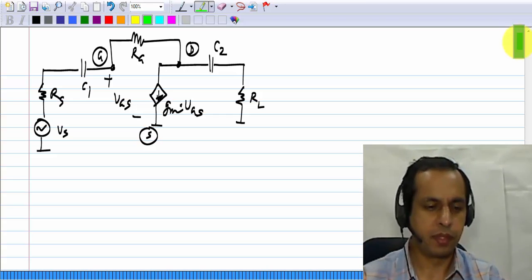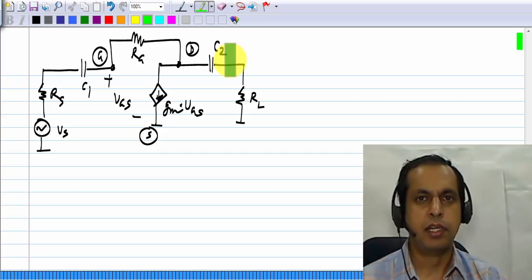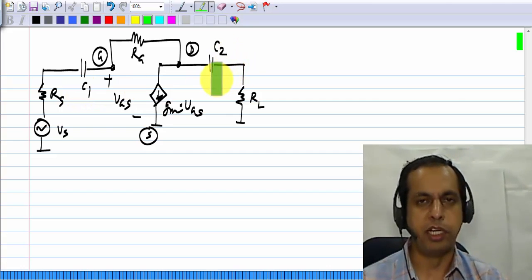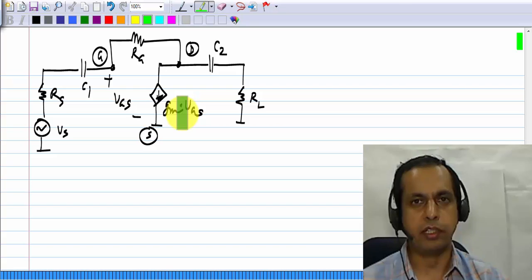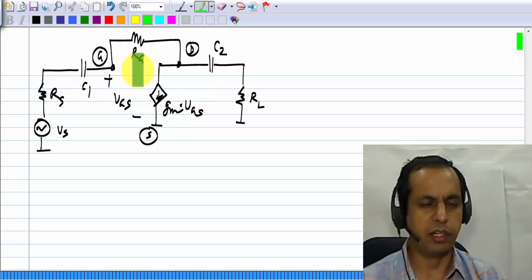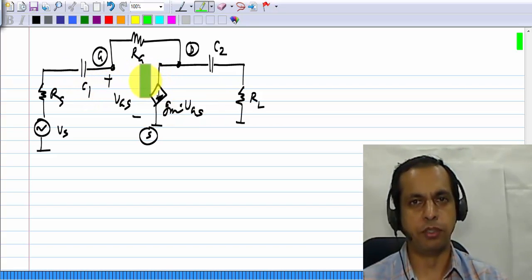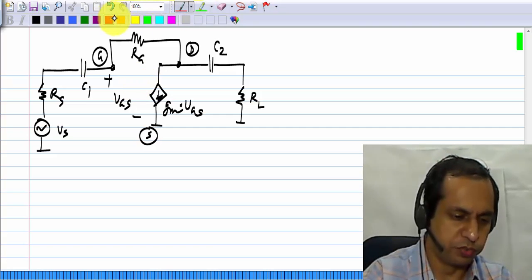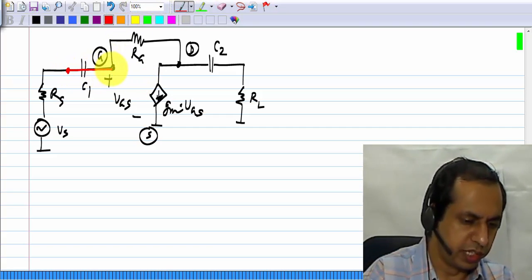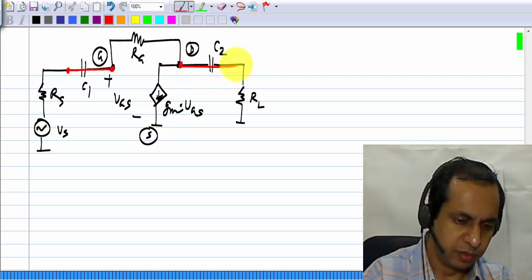Okay. Now we have these two capacitors, and we know that we want these capacitors to behave like short circuits. We will evaluate the constraints later, but for now we will assume that they satisfy whatever constraints they have to, and they do behave like short circuits for the desired signal frequencies.